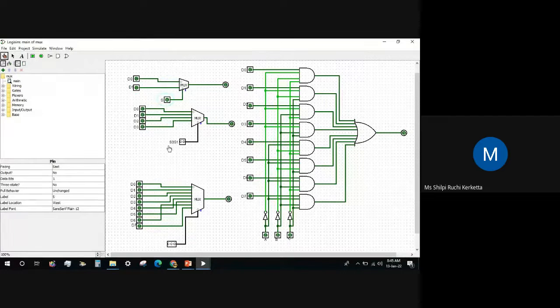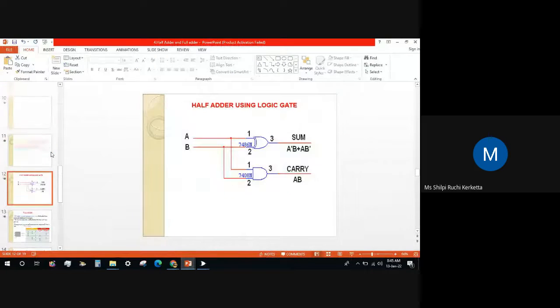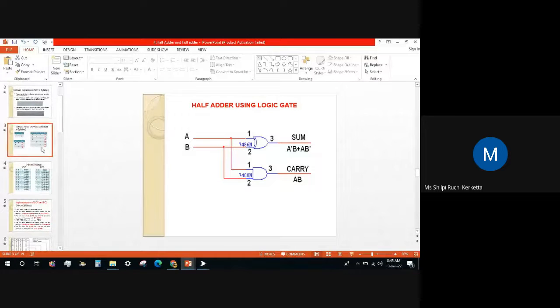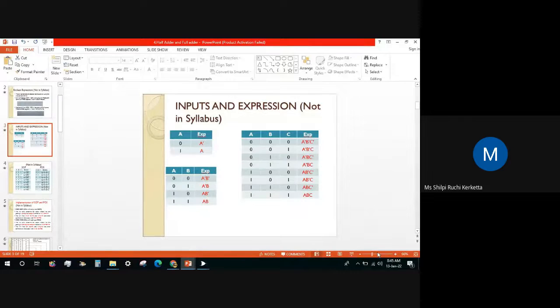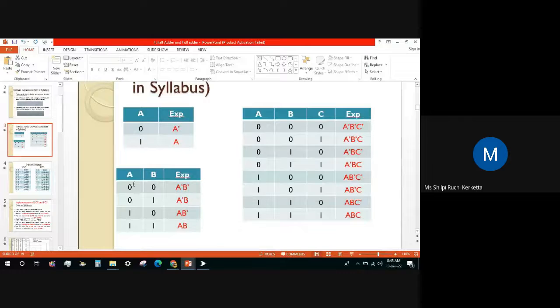I will show you the 4 is to 1 multiplexer. For 4 is to 1, if we see the combinations, two select lines are there, so the combinations will be 00, 01, 10 and 11. So these are 4 combinations.